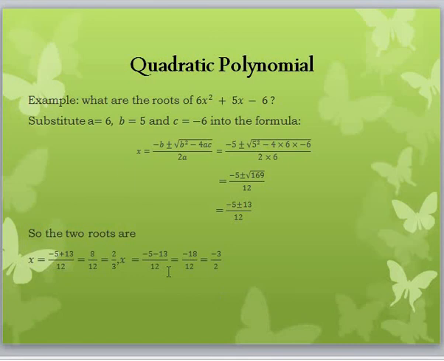Here is one more example. What are the roots of 6x² + 5x - 6? Here a is 6, b is 5, c is -6.